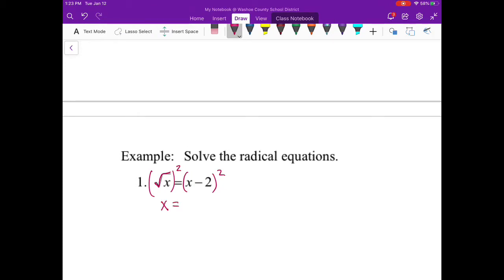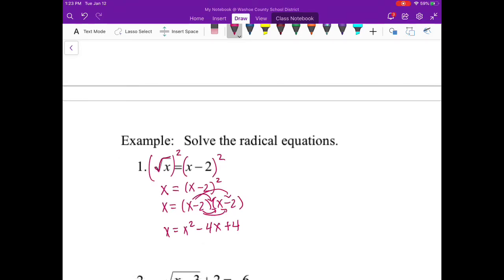So when I do that, the radical goes away here. And then this side is just x minus 2 squared. Okay, so this is double distribution. It means we're going to multiply x minus 2 times x minus 2. And when I go ahead and distribute that out, I get x squared minus 4x plus 4.